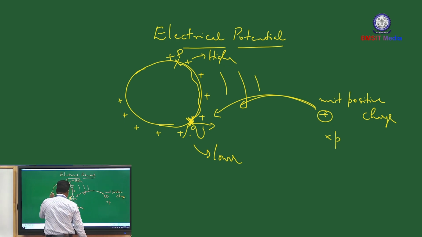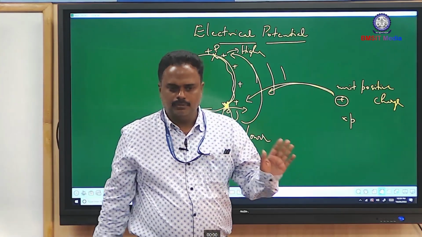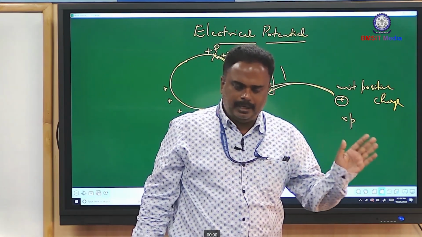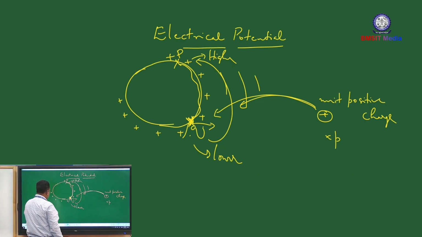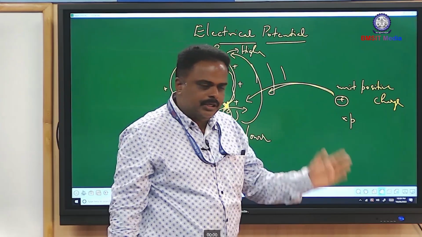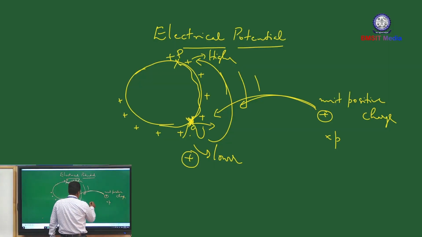The amount of work done in moving a unit positive charge from a point of lower potential to a point of higher potential, against the field, is called the potential difference between the 2 points P and Q.